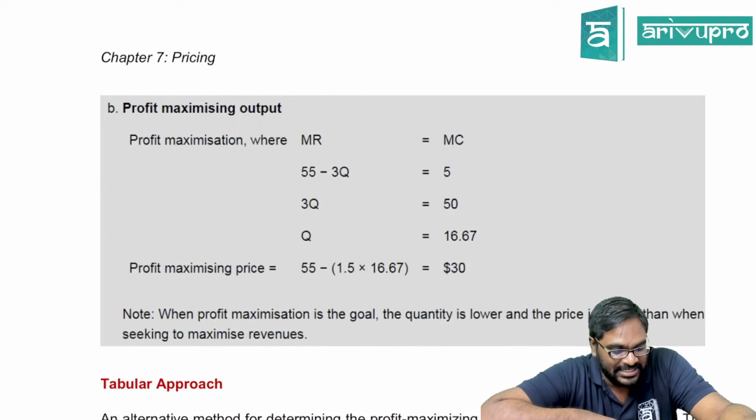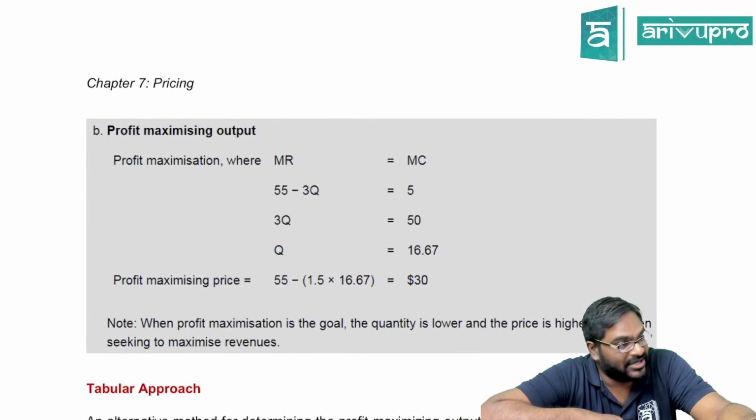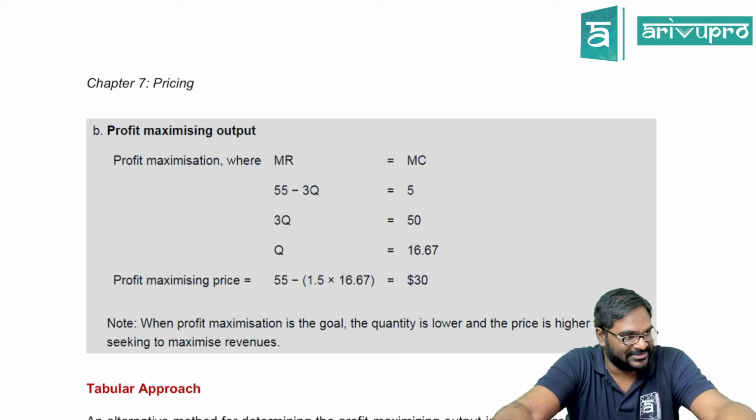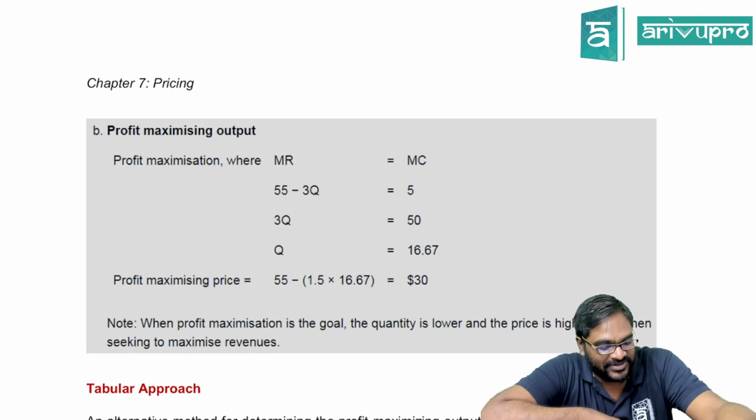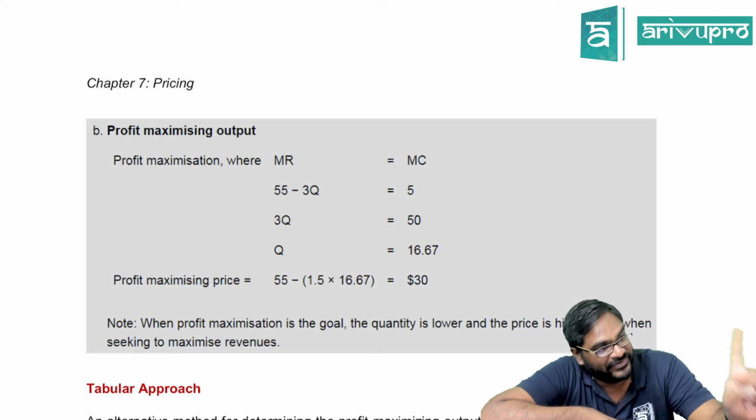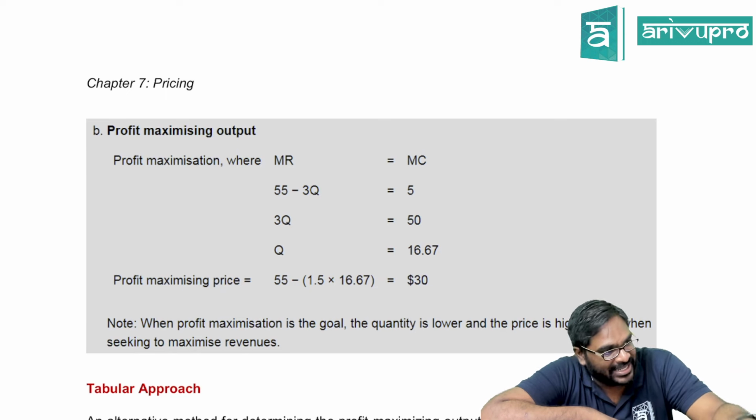Then, to calculate the profit-maximizing output, marginal revenue equals marginal cost. Marginal cost we already know is 5. For marginal revenue, we developed the formula in activity 3, right? We had the answer 55 minus 3Q.